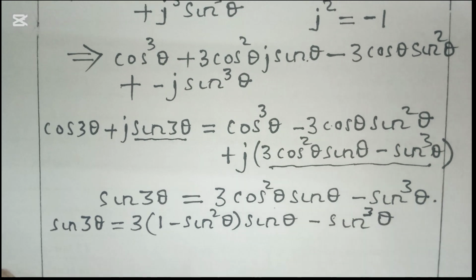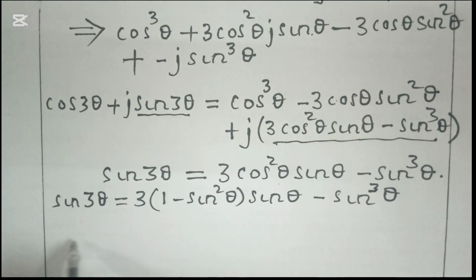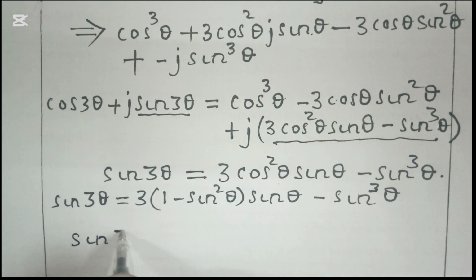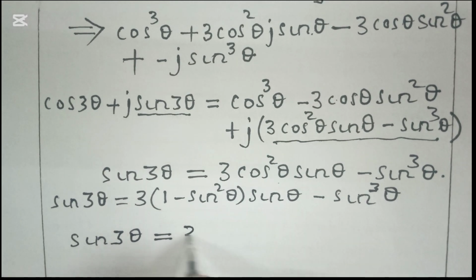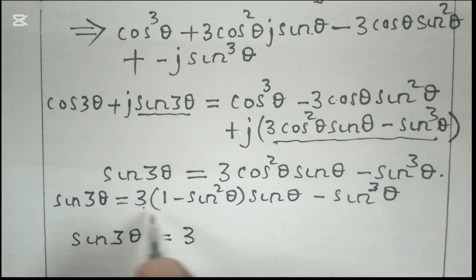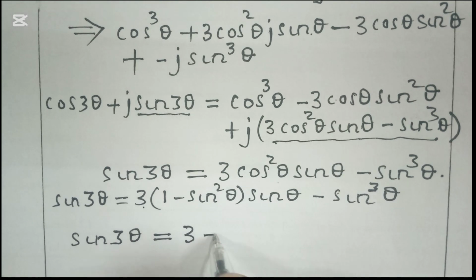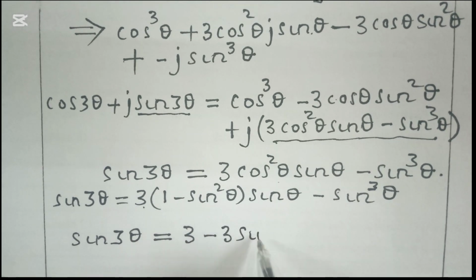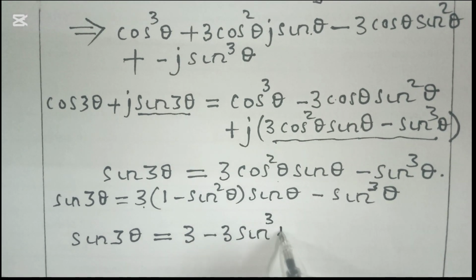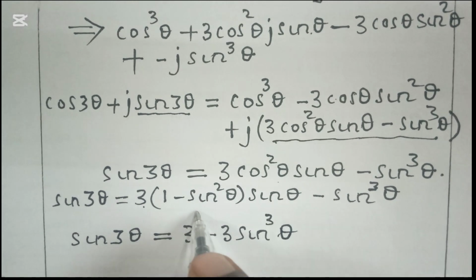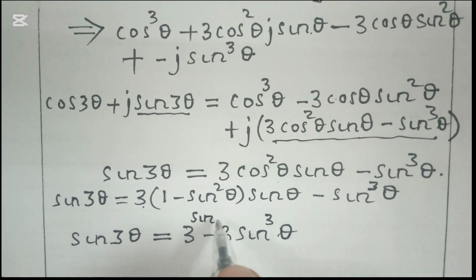So sine 3 theta is equal to 3, then 3 multiplied by negative sine squared gives, because of this sine theta, sine cubed. And here we also have sine theta.